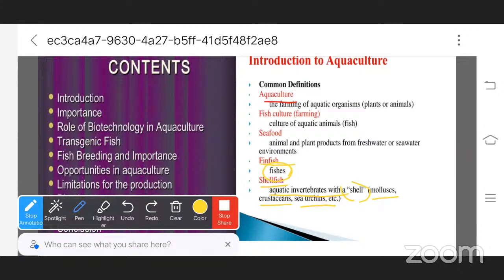Because the population is growing day by day, the per capita nutritional value of food is not available to all. That's why the demand has increased. The demand has risen among the people. So we need more and better quality and quantity of food.